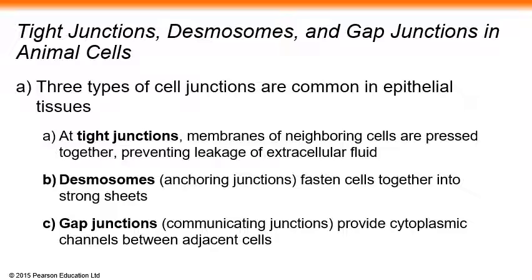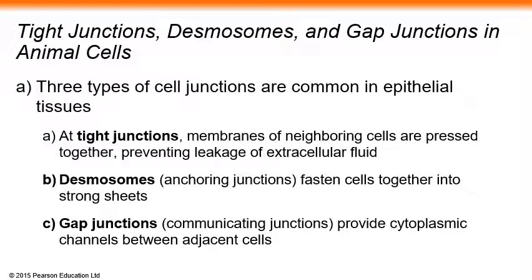So at tight junction, membranes of neighboring cells are pressed together, preventing leakages of extracellular fluid. So they don't allow any space in between cells. That's what we call tight junction. They join together tightly, so without any space.